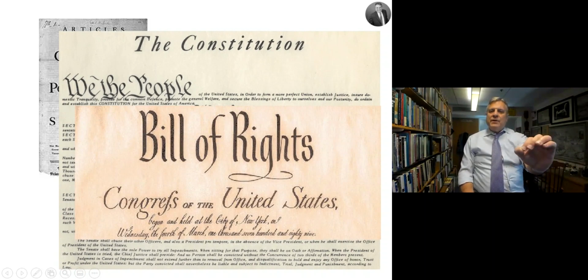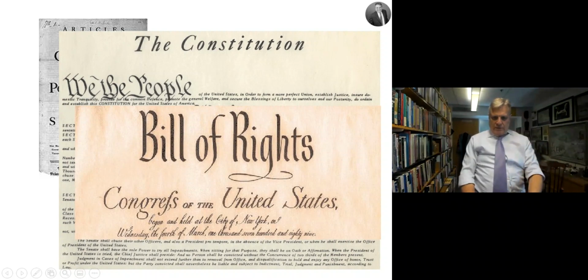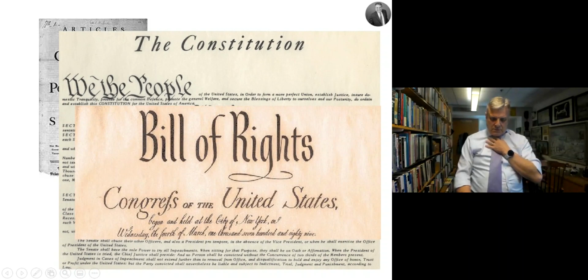You don't get the Constitution until you get the agreement that there will be a Bill of Rights. So when we think about our Constitution, you need to begin, of course, with the preamble, and it ends with the 10th Amendment.